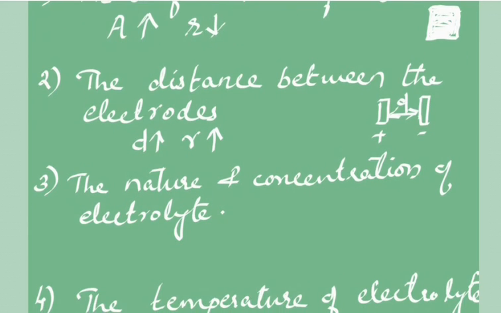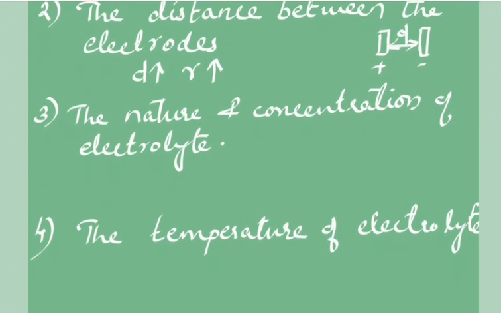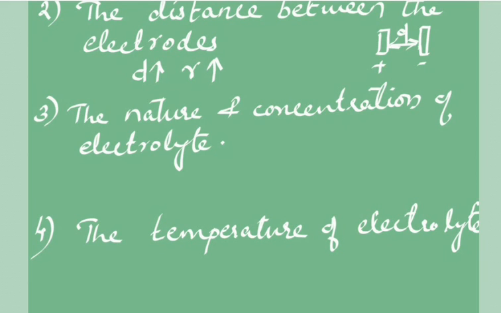Now the third factor that affects the internal resistance of the cell is the nature and concentration of the electrolyte. We can use dilute electrolyte as well as concentrated electrolyte. If the concentration is more, then the internal resistance will be more. If you are using a less concentrated electrolyte, then internal resistance can be reduced.